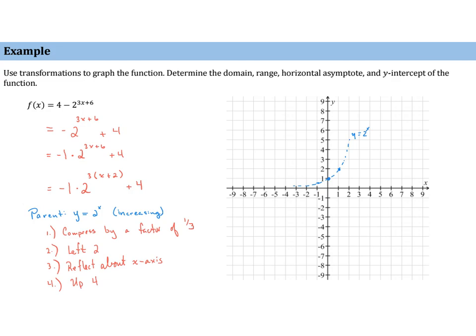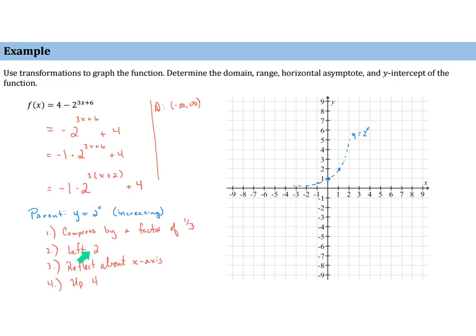Now, let's think about the domain. None of these affect the domain. So the domain will be negative infinity to infinity. Let's move our horizontal asymptote. Compression will not move the horizontal asymptote.